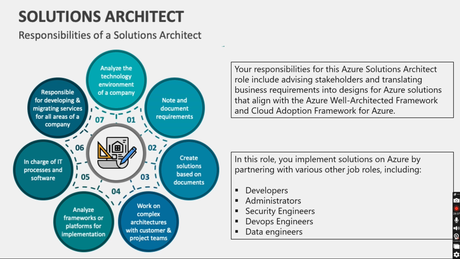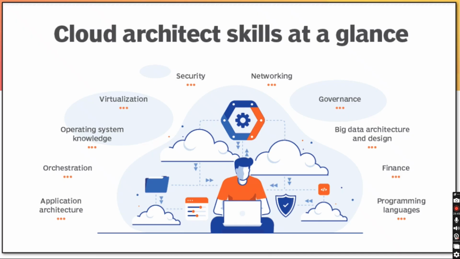So as a solution architect, you need to develop both the stakeholder management soft skills as well as the technology skills. So there are many different areas. As I said, you also need to take care of financial management. So cost optimization is one of the core areas in the cloud. Cost will tend to quickly increase if you deploy certain products and services.